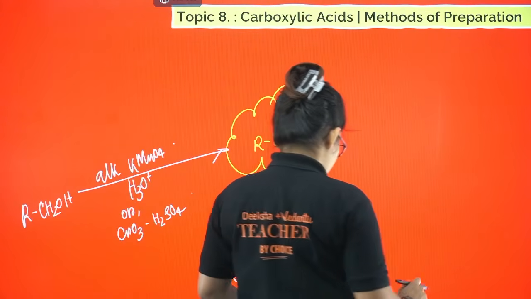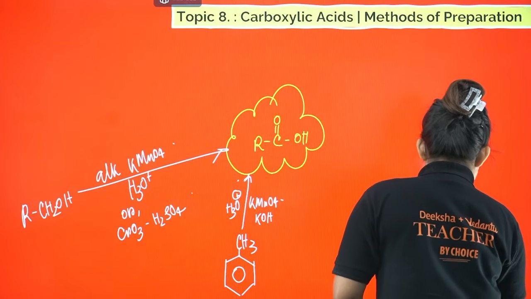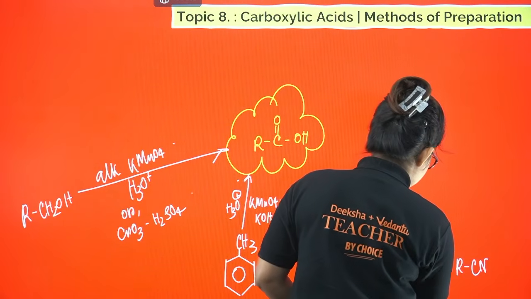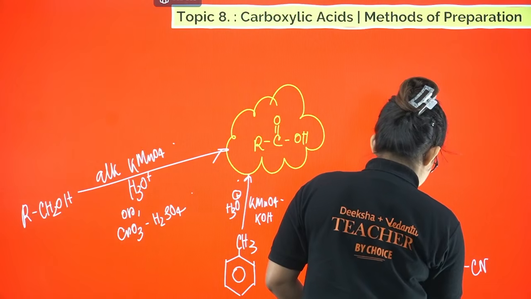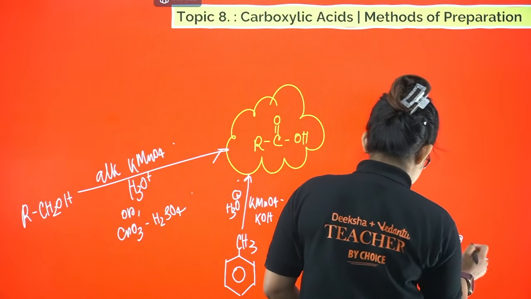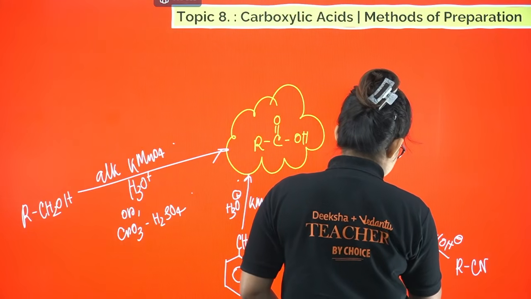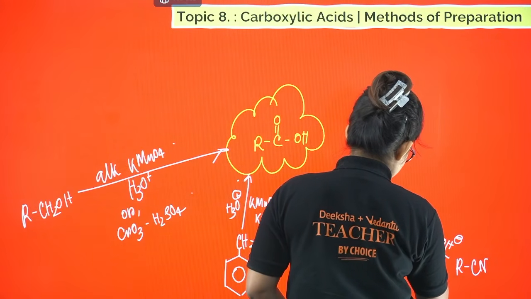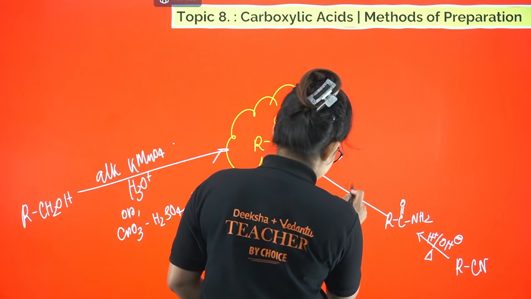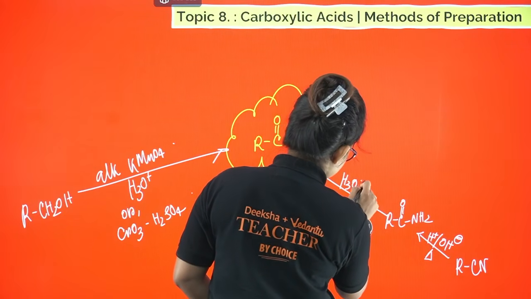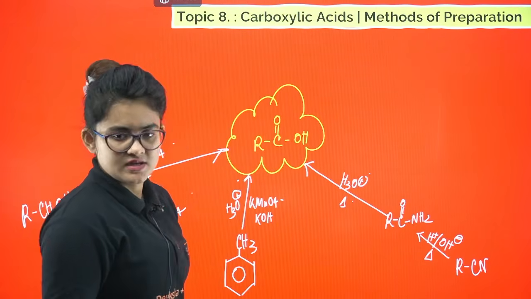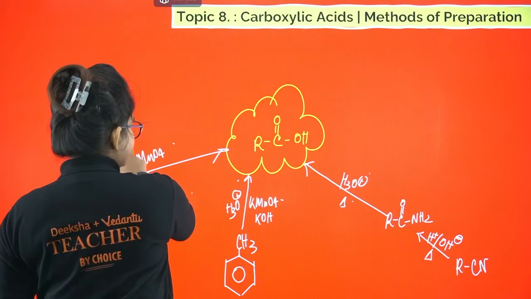If I'm having, let's say, nitrile, RCN, and I give a little bit of H plus or OH minus and heat, I will end up with amide, RCONH2. From amide to the acid, simple hydrolysis, H3O plus, in presence of heat. That's it.